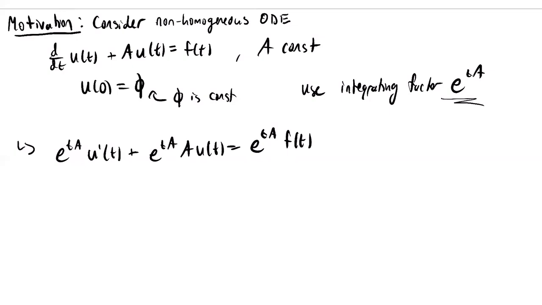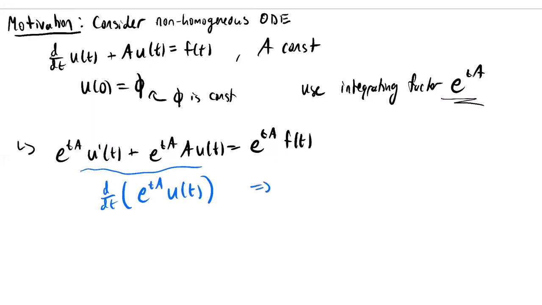But now the left-hand side you can write using the product rule as the derivative with respect to t of e to the ta times u of t, right? And so that means that the derivative with respect to t of e to the ta times u of t has to equal the term on the right-hand side.